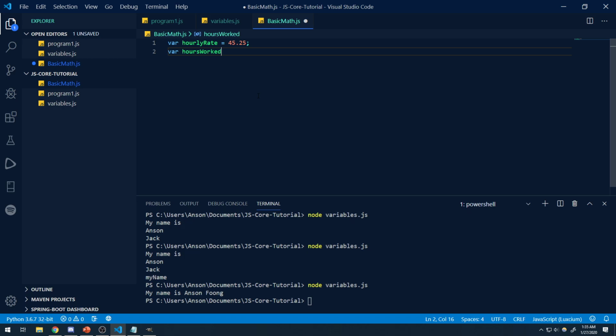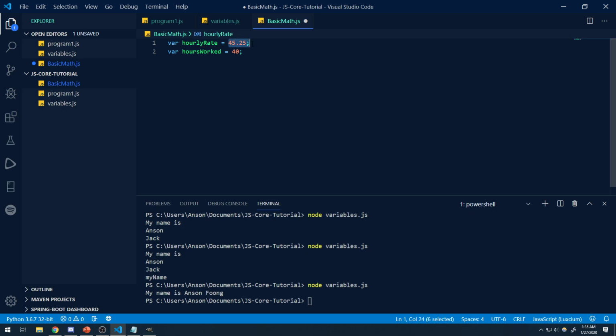That's the most important part. You can also leave a comment for other developers to look at. I don't think I've formally introduced comments yet, but we'll get to that later. So for hours worked, on a typical work week we work 40 hours a week. So let's just do 40. Cool. Okay, so we have two variables declared.